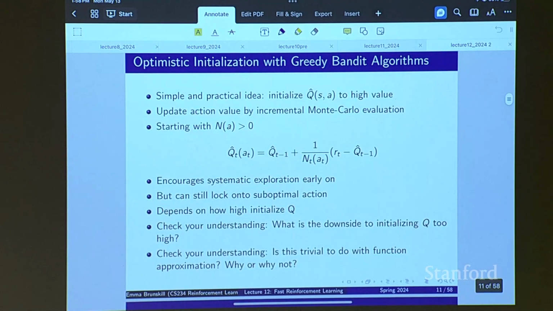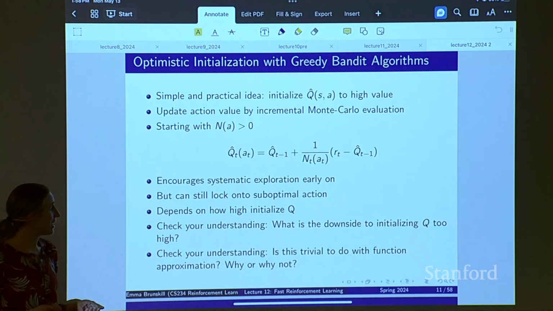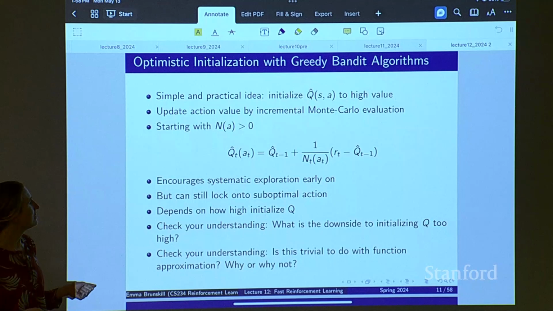The challenge with that is that in general, you don't know how high to make it. And so if you make it really high, let me just be clear here what I mean by really high. Often this might be much, much larger than the actual range of possible rewards. So maybe your arm rewards can be between 0 and 1, and you initialize this to 70. So sometimes, the initialization might be far higher than what is actually practical.